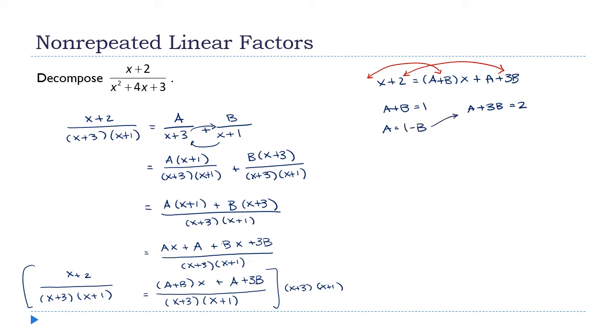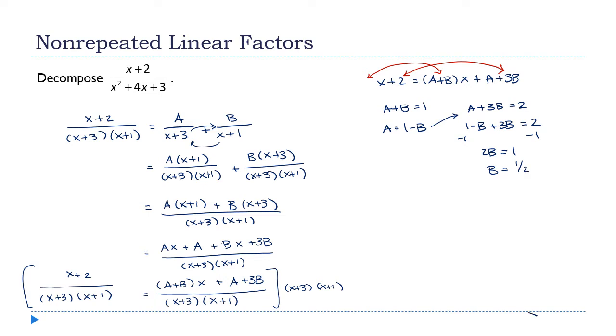Now substitute that into the second equation. 1 minus b plus 3b equals 2. Move the 1 over. Let's see, 3b minus b, that's 2b equals 1. b equals 1/2. There you go, we're halfway done.